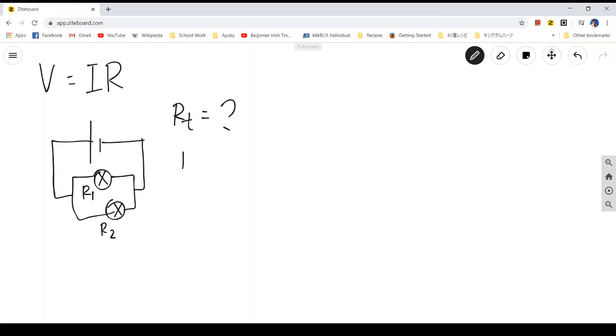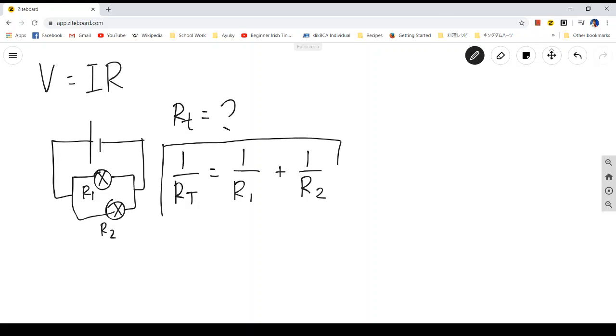So we have this formula right here. It is called the sum of inverses because it is the sum of the inverse of all the resistances. So we've got this formula right here, in which 1 over the equivalent resistance equals 1 over resistance 1 plus 1 over resistance 2. Now bear with me for a second here because this is a little bit confusing.